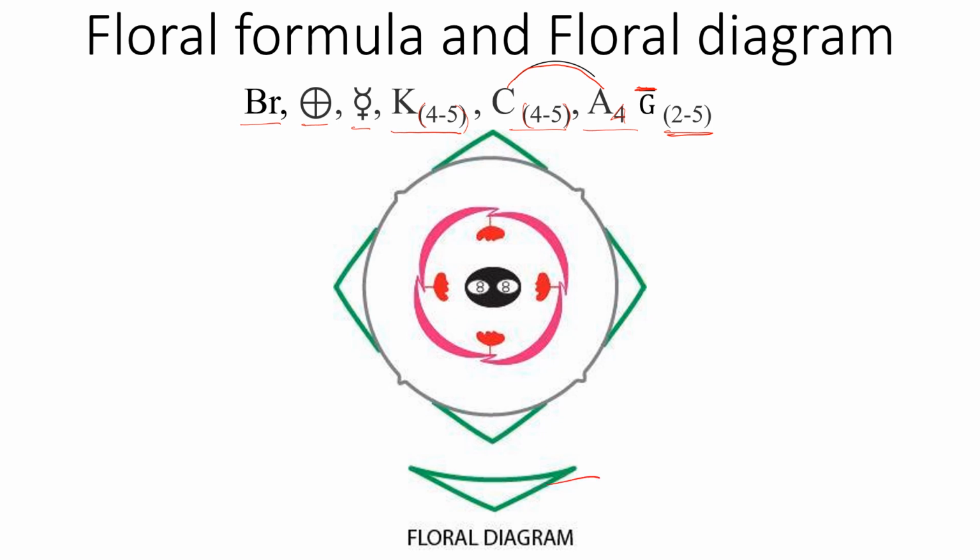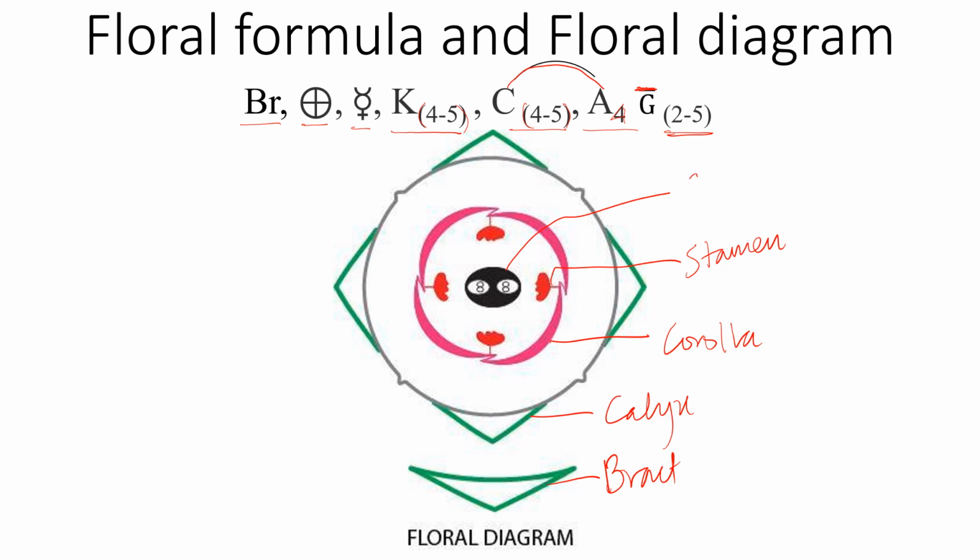This is bract. This is calyx. This is corolla with twisted aestivation. This is a stamen, and these are carpels. And do not forget to show the mother axis. So this is about the floral diagram.